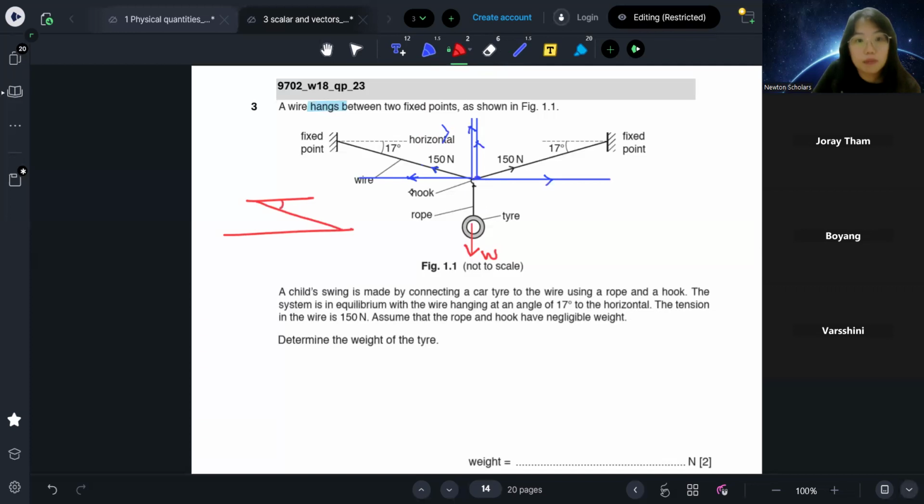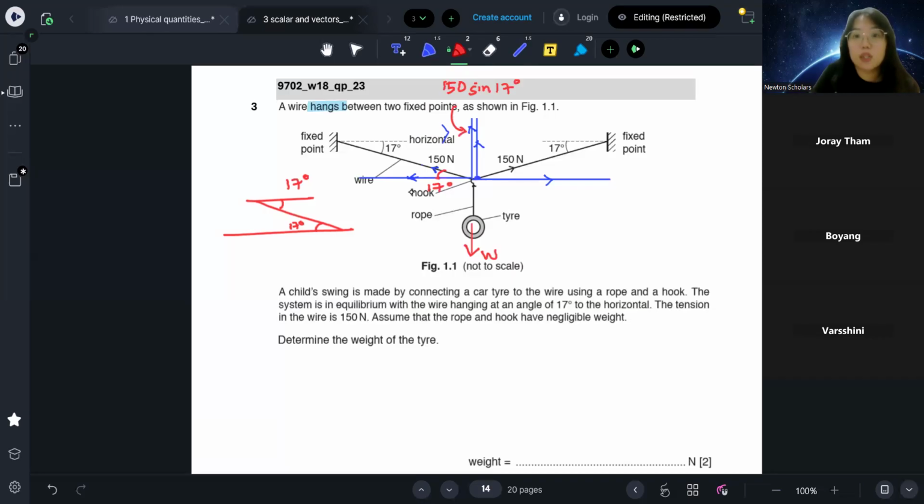If here is 17, then this one is also 17, so this angle is actually 17. So for your y-axis here, it will be 150, and the angle is not between them, so we use sine. Sine 17 degrees.